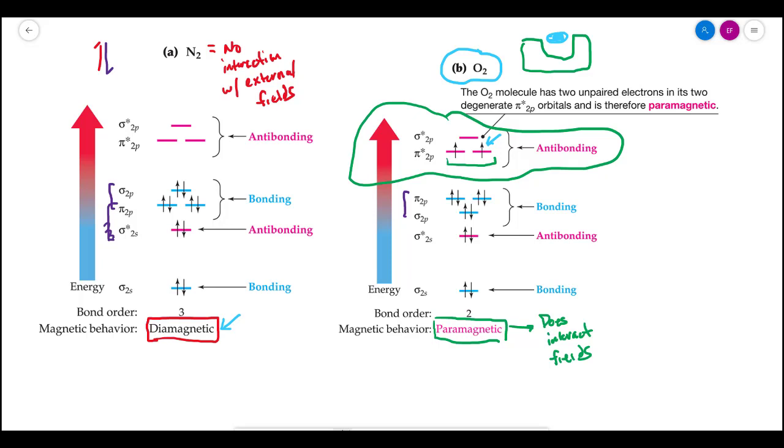And it's really good at predicting these differences in much more complicated molecules than these simple diatomics. That's the big utility in molecular orbital theory: it's very good at helping us predict the overall electronic structure of molecules.